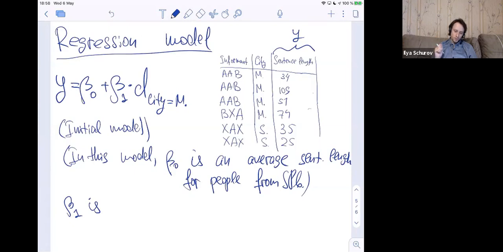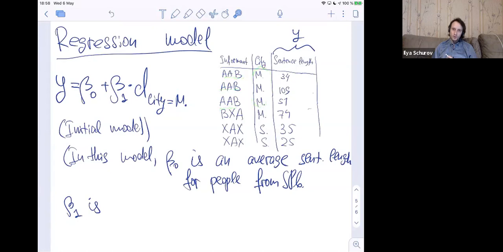What about beta 1? So let me recall that in our experiment, we have several informants. And for each informant, we know their city.